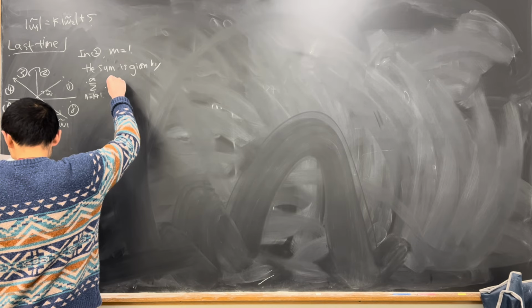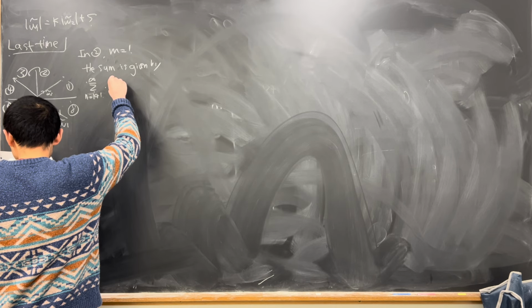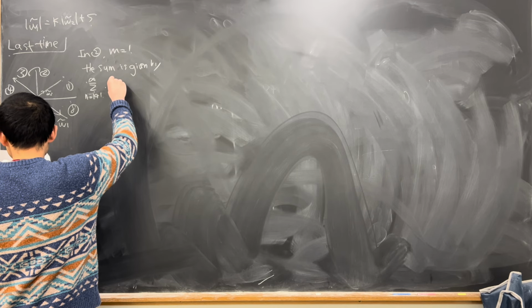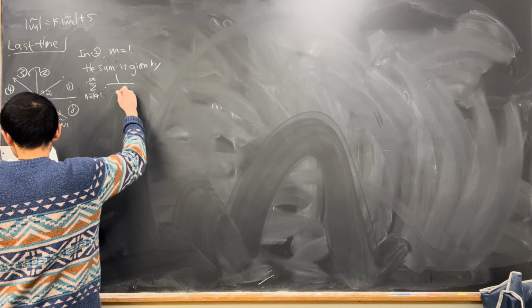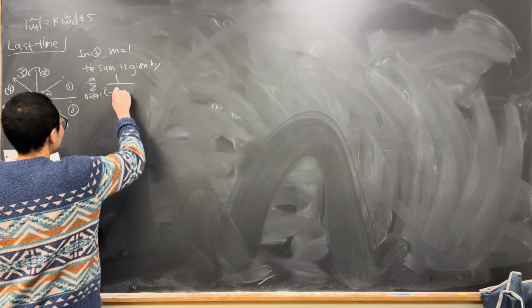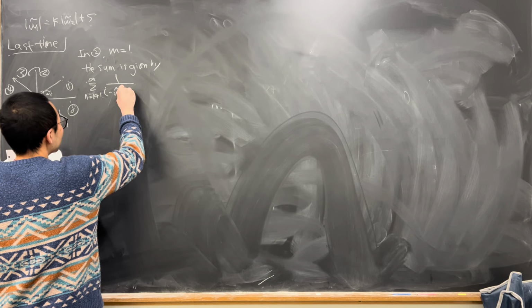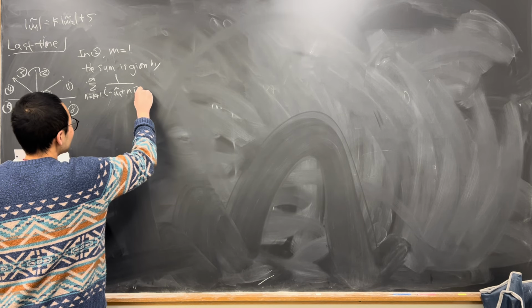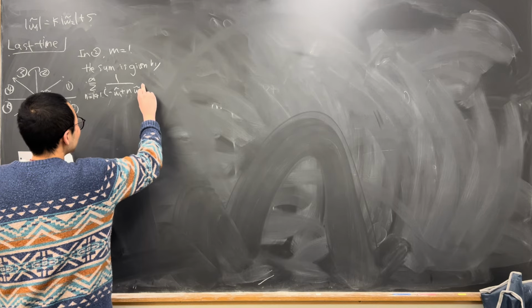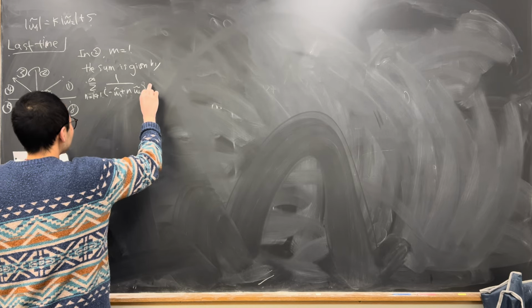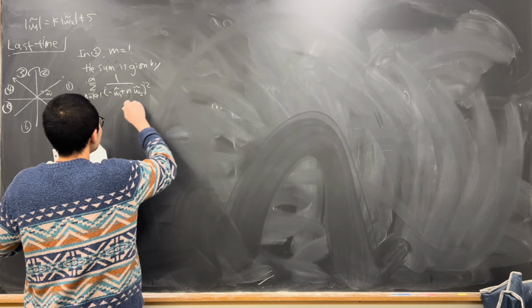So what we have is that, let me just write this. Negative omega 2 to 1 plus n omega 2 tilde squared.